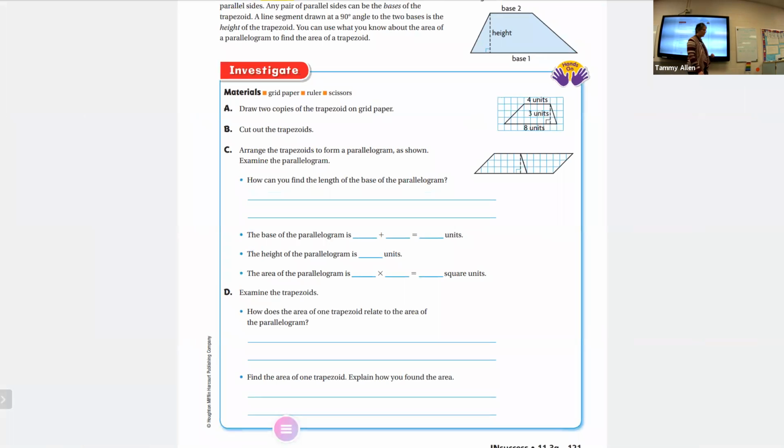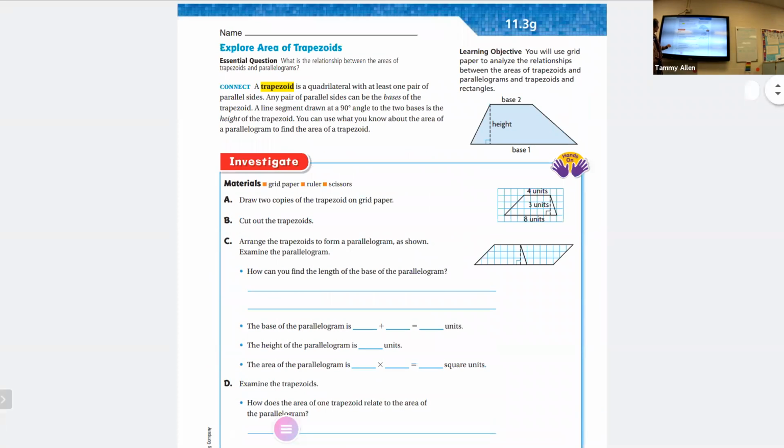Page 121. And on page 121, if you look off to the right, we're going to look at this right here, okay, this part right here.